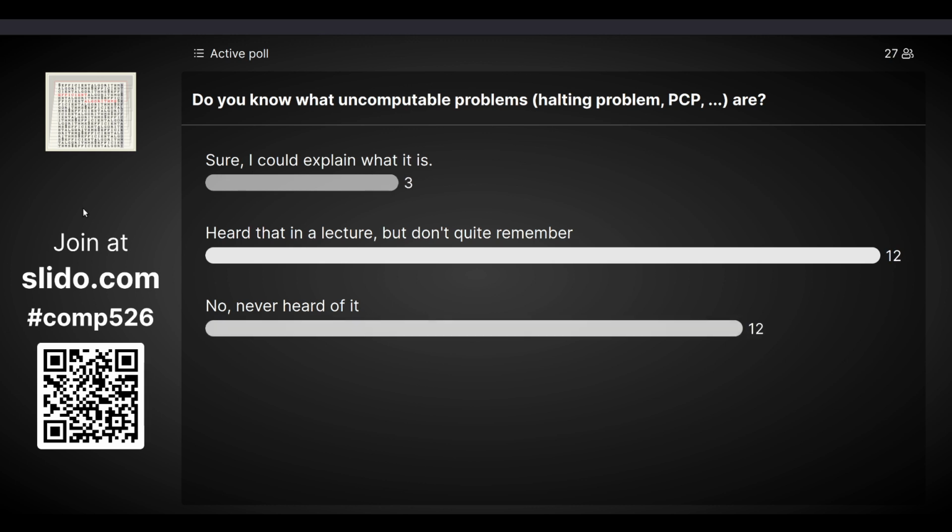Oh, it's Post's correspondence problem. Yeah, look it up. It's a lovely little computational problem. I mean, while people are voting, it's basically you have pairs of strings. There's a top string and a bottom string. And you have a set of such pairs.